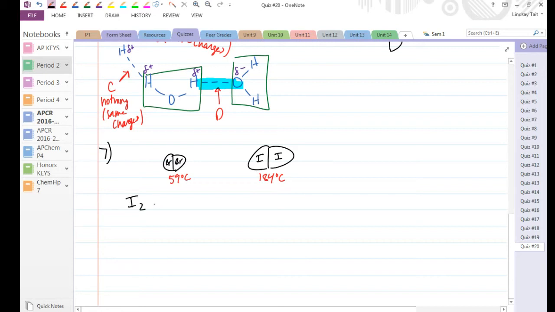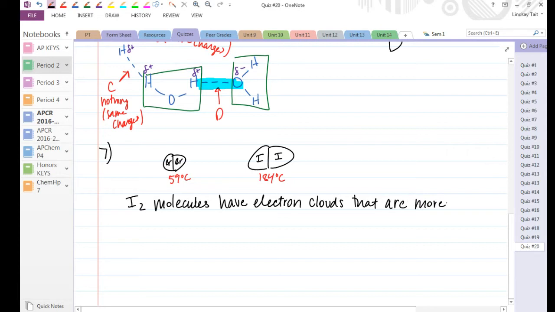It said I2 molecules have electron clouds that are more polarizable than those of bromine molecules.